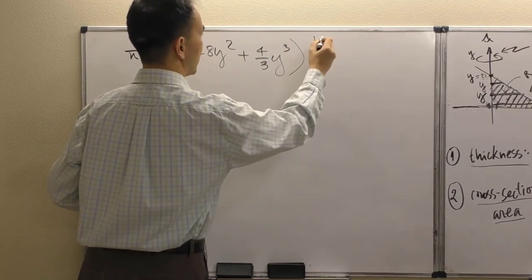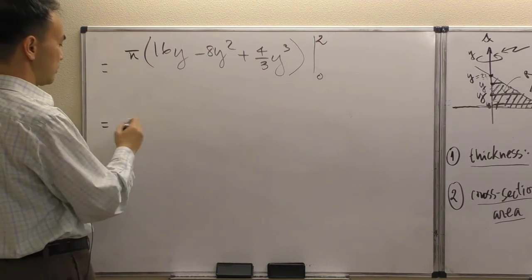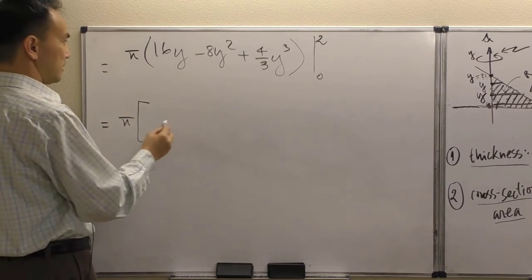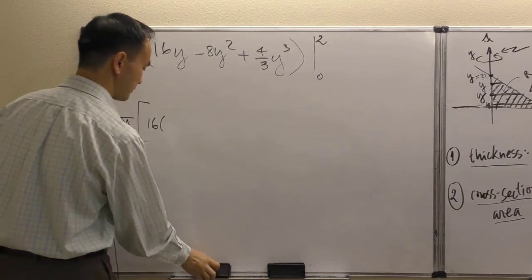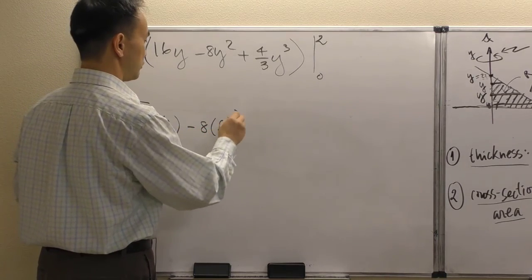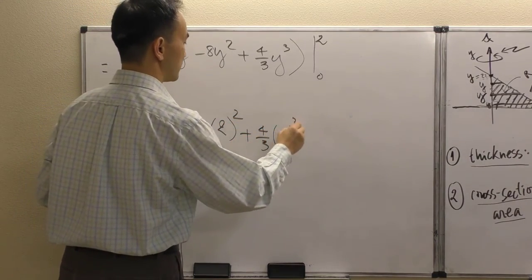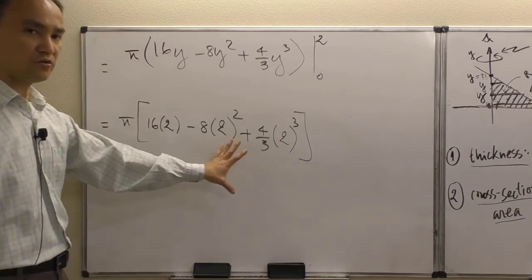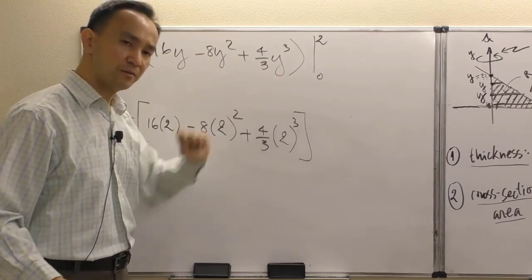According to the fundamental theorem of calculus, that is just pi times 16 times 2 minus 8 times 2 squared plus 4/3 times 2 cubed.